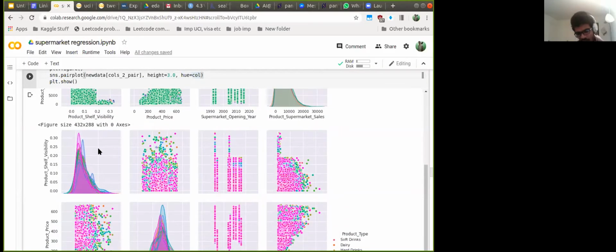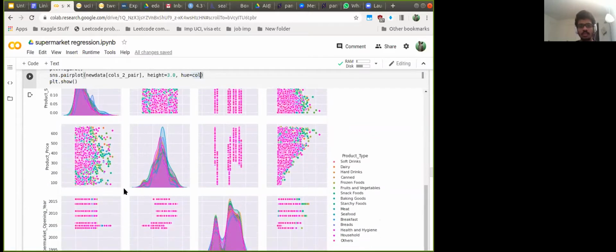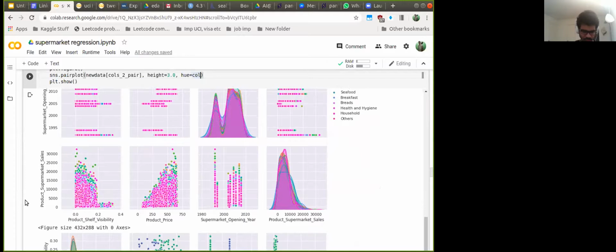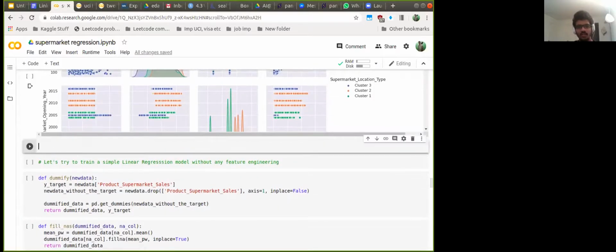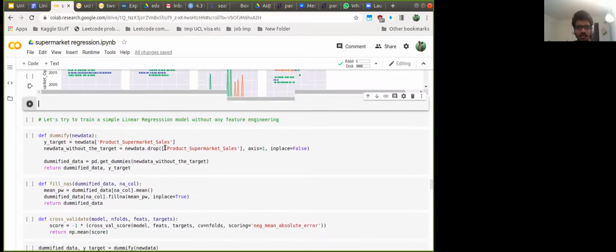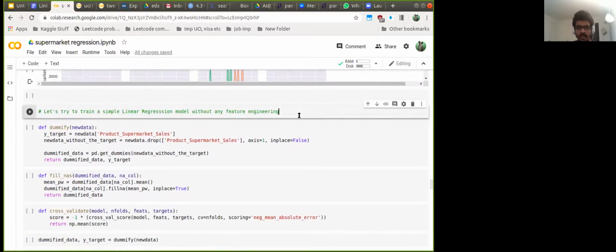Other features that are close to a normal distribution, we don't really want to transform, because transformation means we are applying some function to the feature, and that can sometimes negatively affect it. So we don't want to transform if it's not necessary.